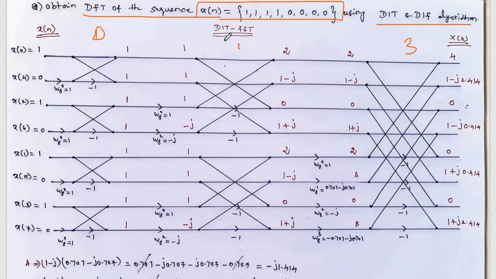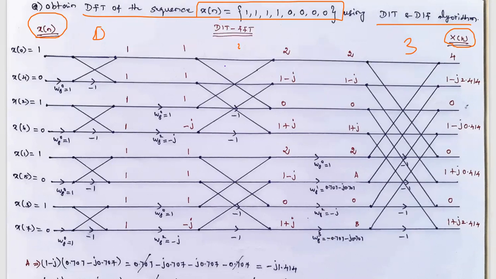And in the DIT algorithm, this is the input x of n, which we have to give as a time domain sequence. And this is the output, capital X of k, which is in the frequency domain. So x of n is our time domain input sequence and X of k is the frequency domain DFT output.